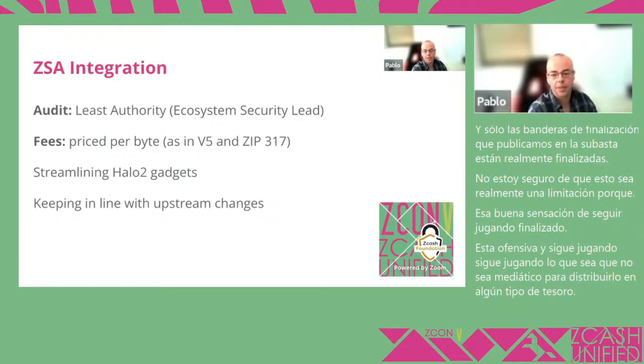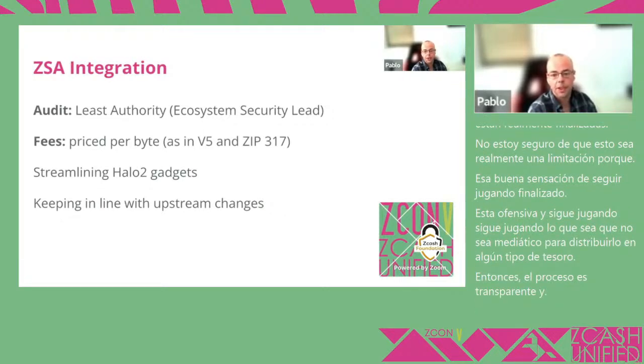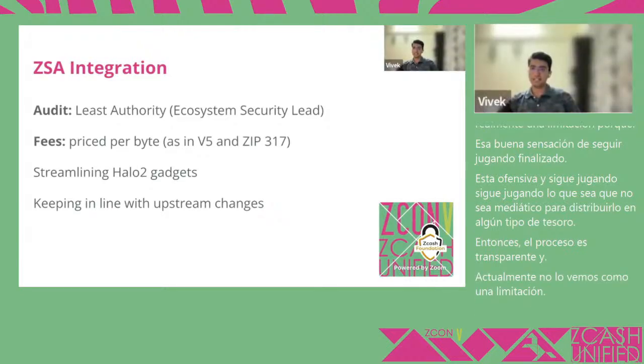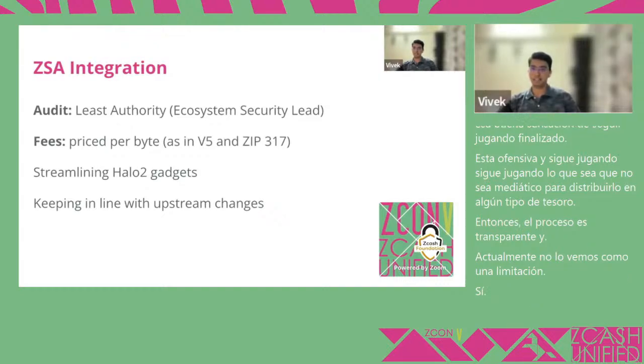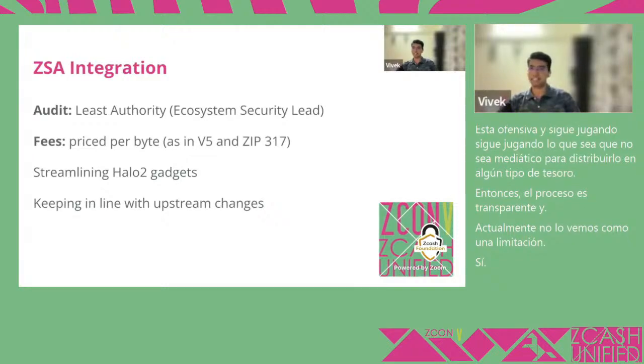So the process is transparent, and we currently don't see it as a limitation. Yeah, basically, since the issuance is transparent, it will be visible later. So it's the reputation of the issuer that's on the line in that case.